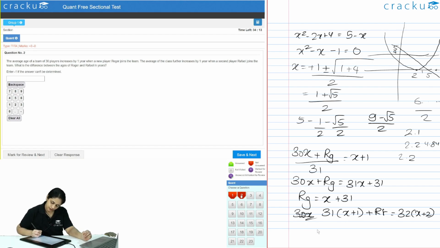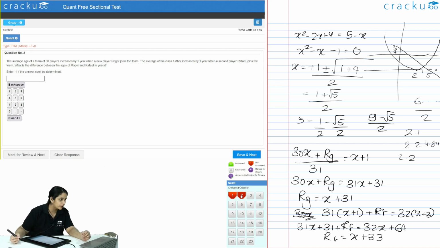So this is 31x plus 31 plus RF equal to 32x plus 64. So RF will be equal to x plus 33, and this guy is x plus 31. What is the difference between them in years? 2 years. So the answer to this is 2.